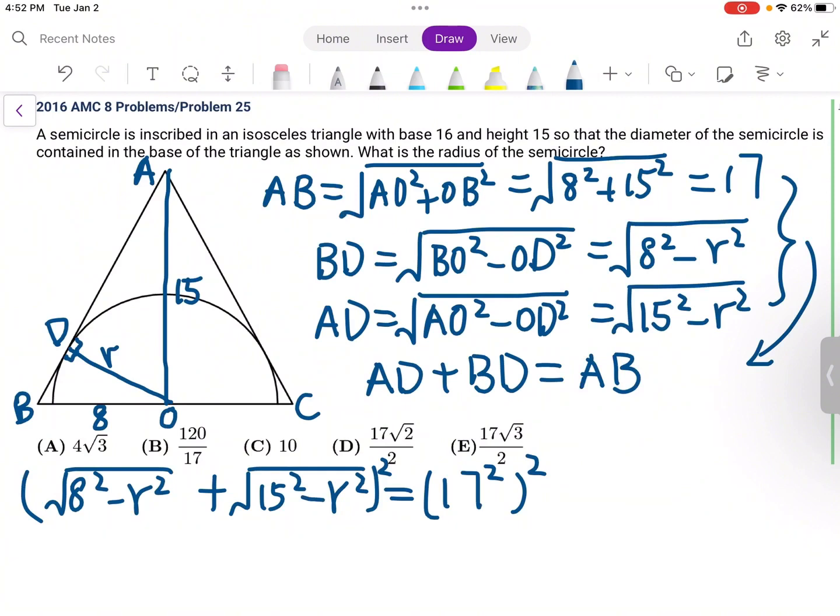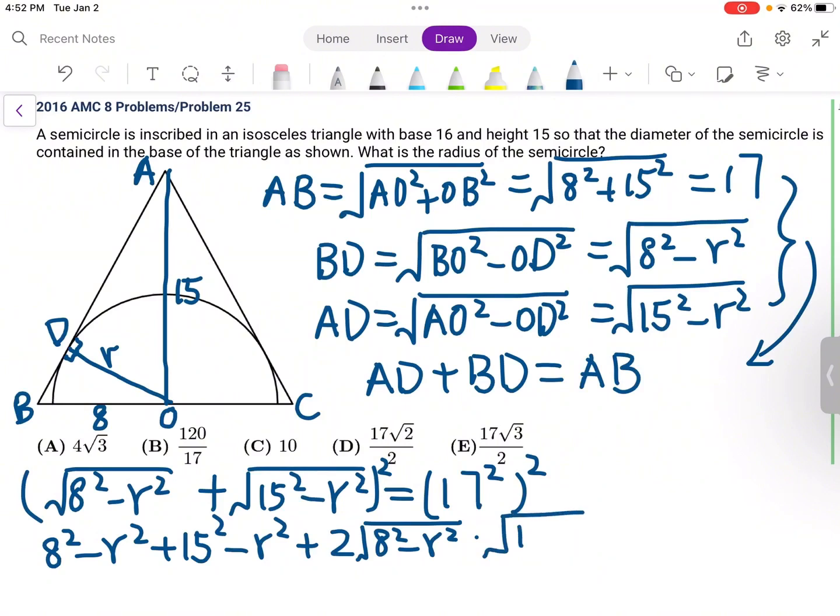And then when we simplify, we get 8 square subtract R square plus 15 square subtract R square plus 2 multiplied by the square root of 8 square subtract R square multiplied by the square root of 15 square subtract R square equals 17 square, because it's AB square.